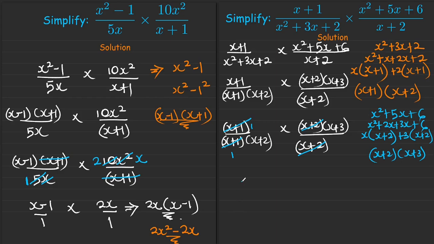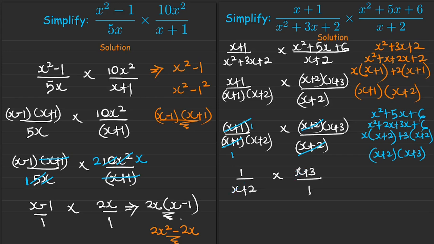Hence, we can say for this particular fraction, which is the first one, the numerator was left with just 1 over 1 times x plus 2, which is x plus 2. Then times, for the numerator here, we have x plus 3 remaining over 1. And since there's nothing to cancel, take note, you don't cancel this x by this x.